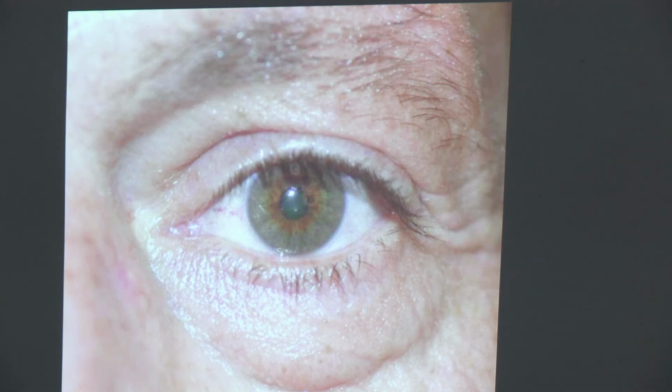And in anemic patients, we'll see the lower palpebral conjunctiva for pallor, and the sclera we will see for jaundice. Right?